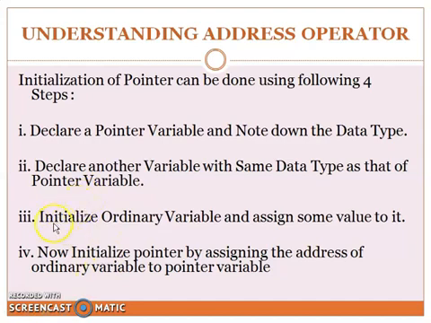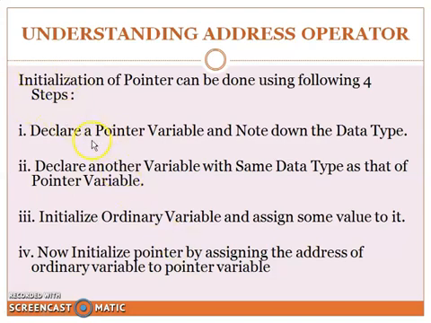Then we have to initialize that ordinary variable and assign some value to it. So what is the next step? Now we have to initialize that pointer by assigning the address of the ordinary variable to the pointer variable. These are the common procedures used when we declare any pointer variable.